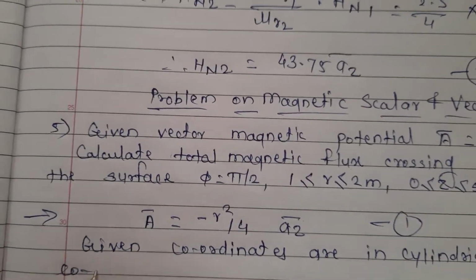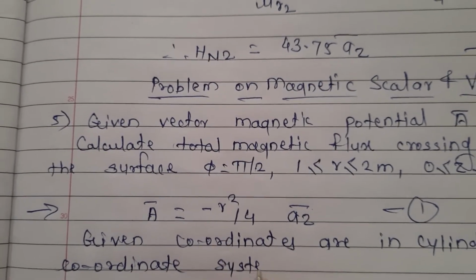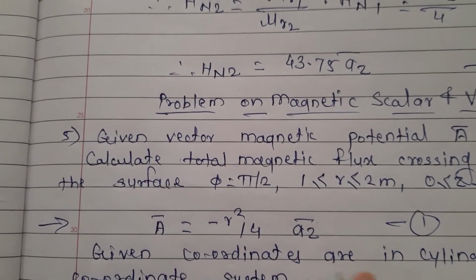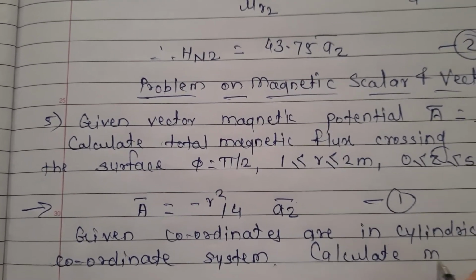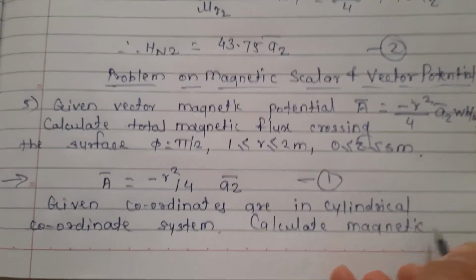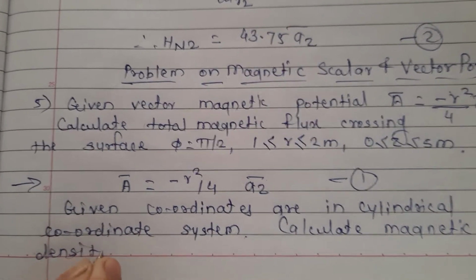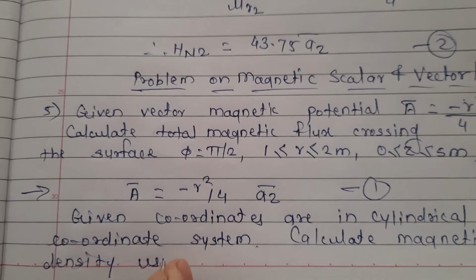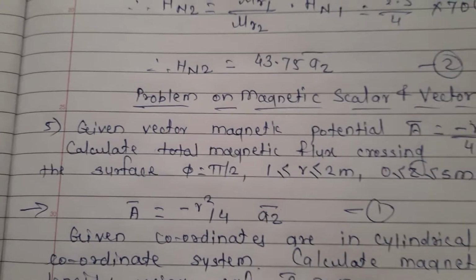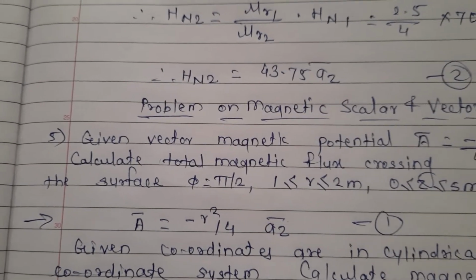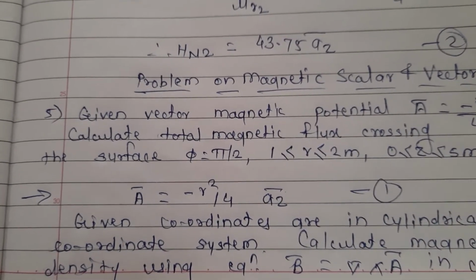So first we calculate the magnetic flux density using the equation B bar is equal to del cross A bar in the cylindrical coordinate system.